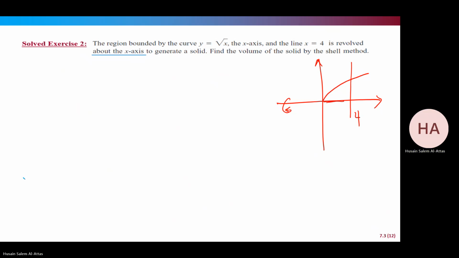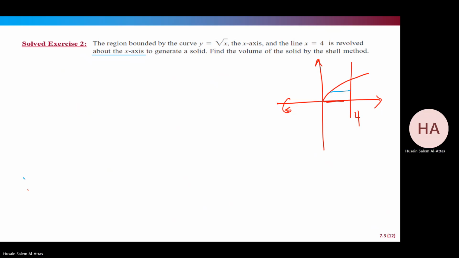Okay. Now I need to find the volume. But I want to use the shell method. You can do both of them, I think. This one will work also, it's okay. But now I will do the shell method. Both are okay. You can do both in this case.